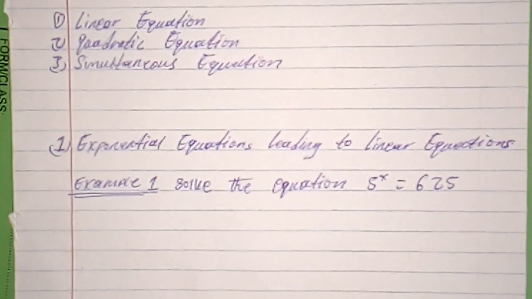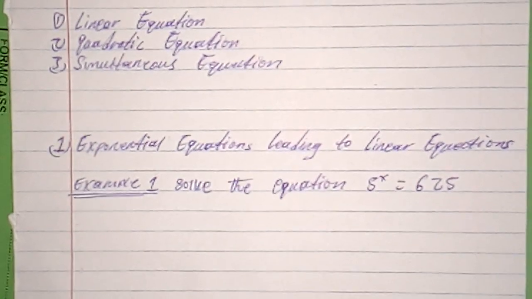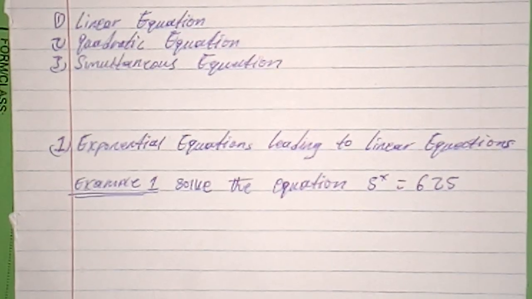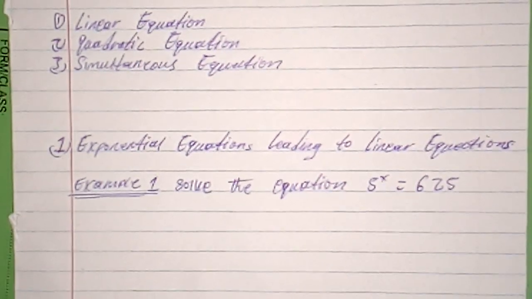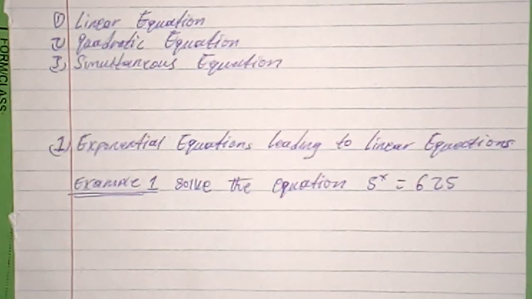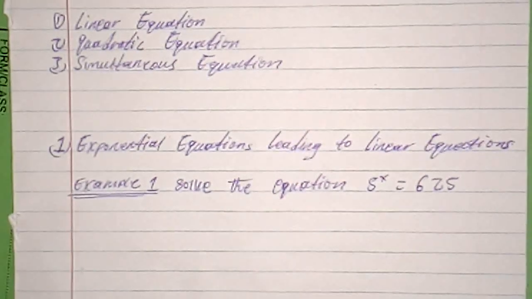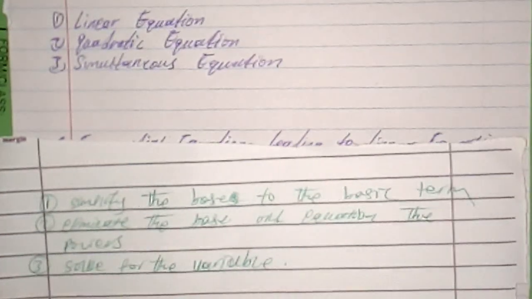All bases that you are seeing, you must simplify into a basic term. Secondly, eliminate the basic terms and equate the powers. And the last step, solve for the variable.